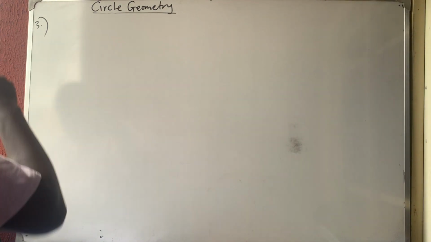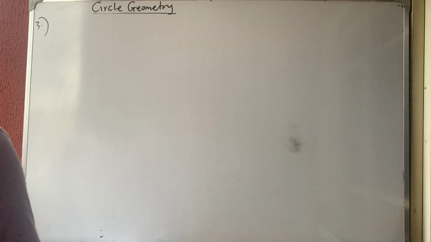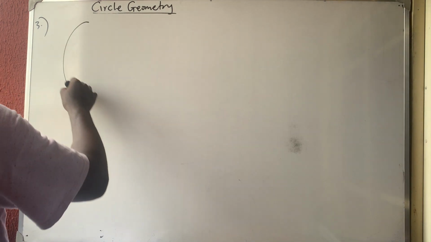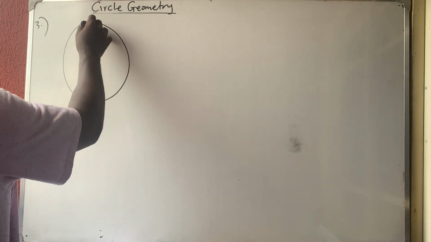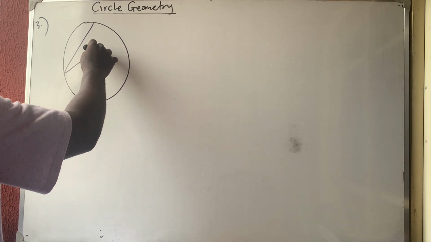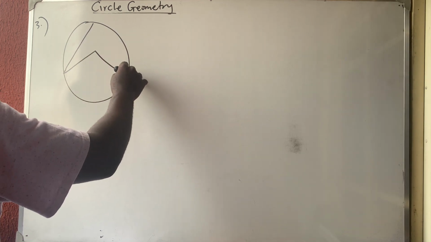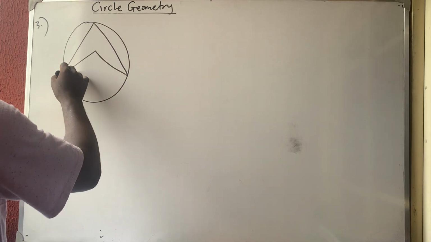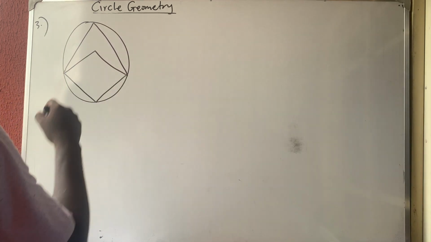Question number 3 said that we have a circle. All the ones I'm going to be solving in this video will not have a tangent. In the next video, we'll talk about the ones that have tangent. So let's just be solving the ones without tangent.